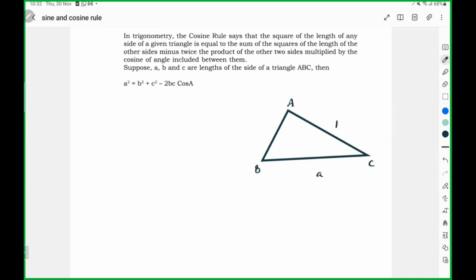Here is A, here is B, here is C. Say this is X. It will be A minus X. H square is C square plus X square by using Pythagoras theorem.